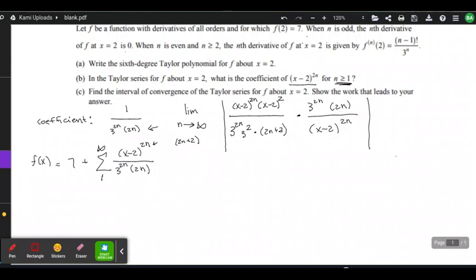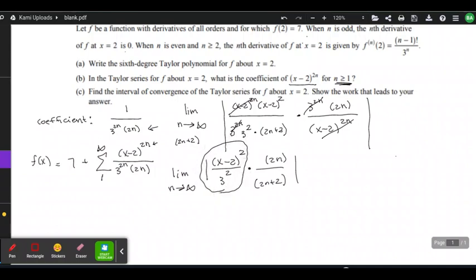So we're going to cancel out these 3 to the 2nth powers, and we're left with the limit as n approaches infinity of the absolute value of x minus 2 to the second power over 3 squared times 2n over 2n plus 2. Remember that this right here is going to be a coefficient, so we're only going to be finding the limit of this term right here.